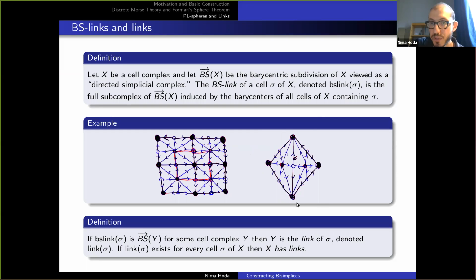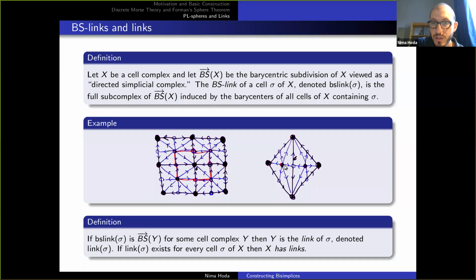In this example here, we started with 2 triangles. And we're going to take the BS link of sigma, which is the edge that's common to the 2 triangles. And so we take the barycentric subdivision. Those new edges and vertices are indicated in blue.